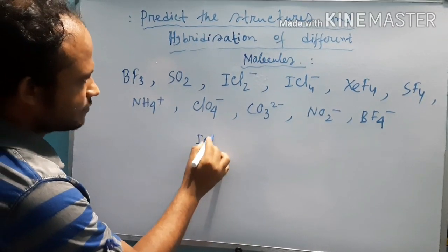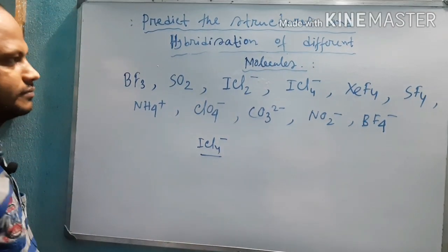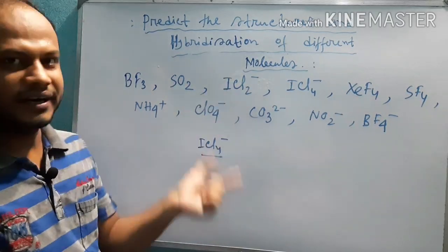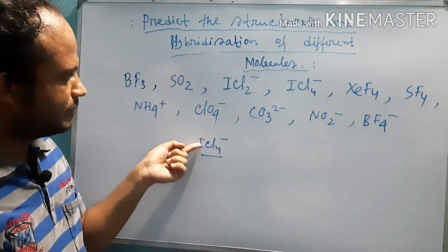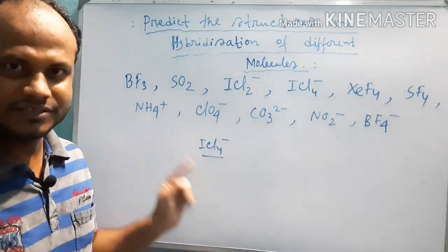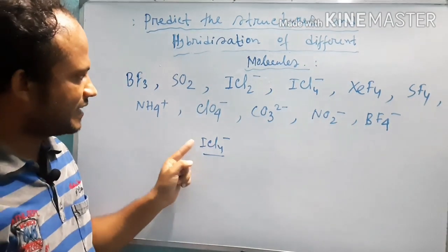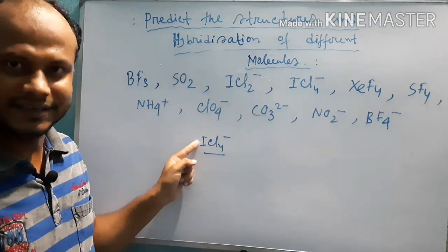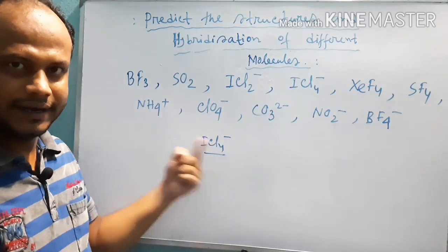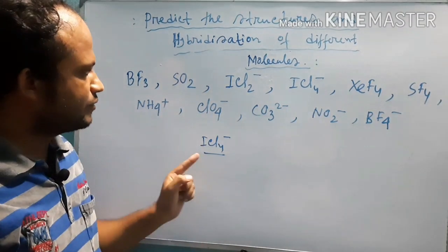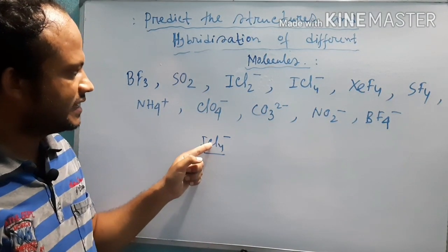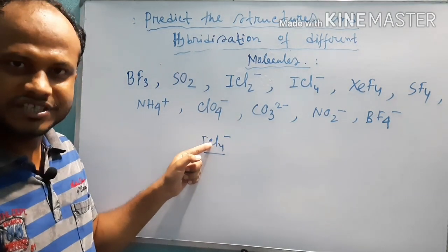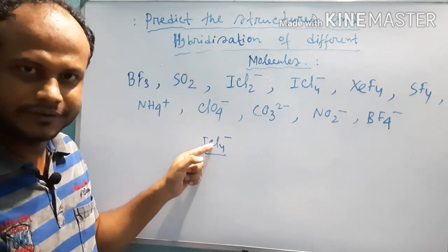Next, ICl4 minus. Like ICl2 minus, here also iodine bears one negative charge, that is one extra electron. So the valence electrons are 8, that is 7 and 1. Of these 8 electrons, it can form 4 sigma bonds with 4 chlorine atoms.